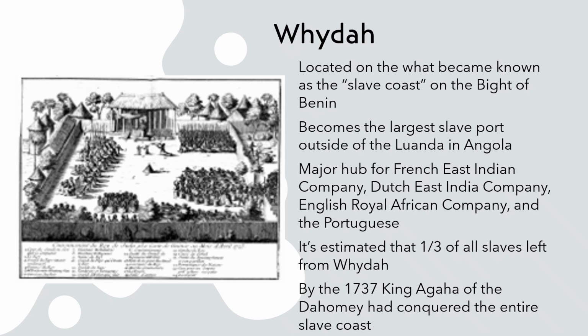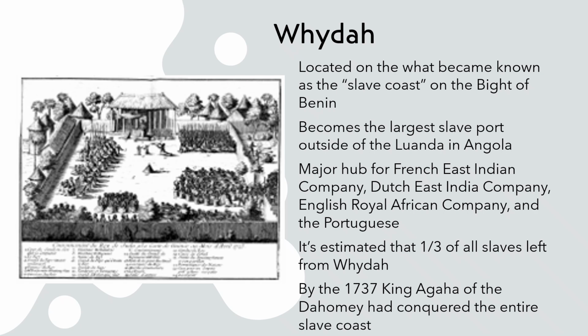And it becomes a major hub for all of the major European slave trading companies, including the French East India Company, the Dutch East India Company, the English Royal African Company, and of course the Portuguese, who were the original Europeans to arrive there. It's estimated that for the transatlantic slave trade, about 1/3 of all slaves from Africa will leave from Wada.